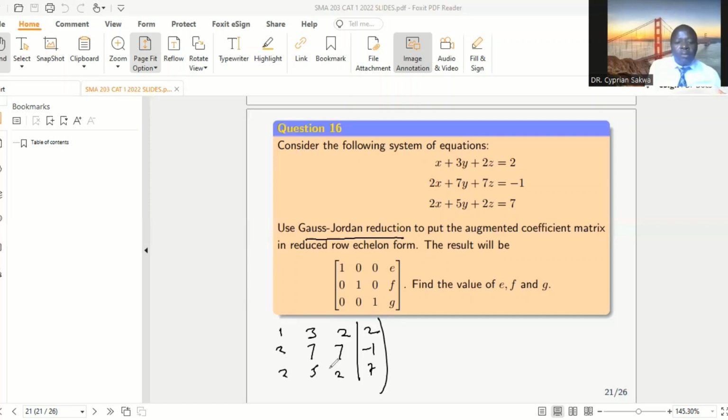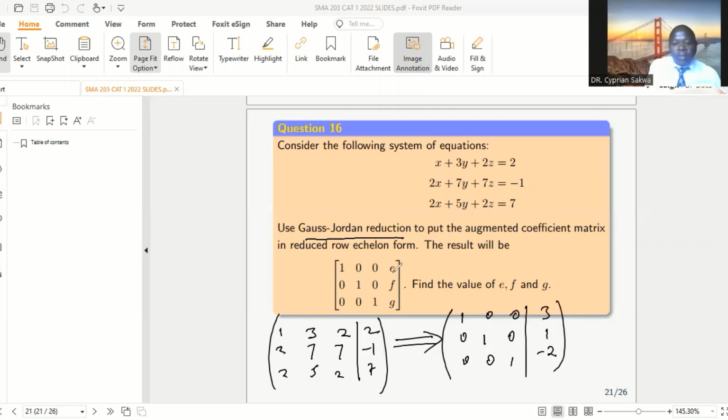When you transform it to reduced form, you get 1, 0, 0, 1, 0, 0, 0, 1, 0, 0, 0, 1, and here you get 3, 2, 3, 1, negative 2.